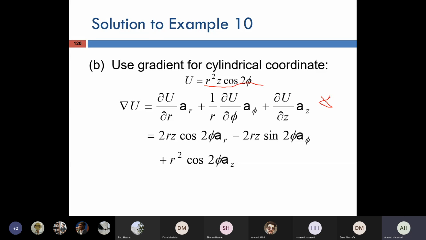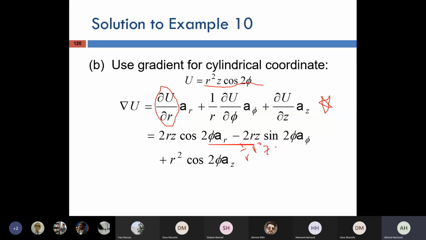You have this part. What is this part? You have to differentiate based on r. R square gives 2r. So z cosine 2 phi will be a constant. You just rewrite it. Second part, you have 1 divided by r. You just write 1 divided by r multiplying by r square, z also constant.